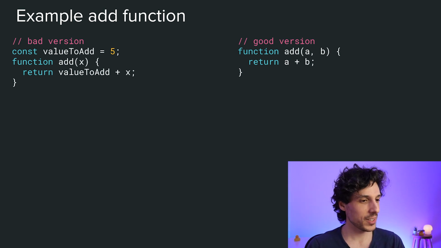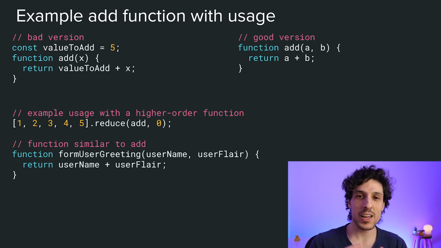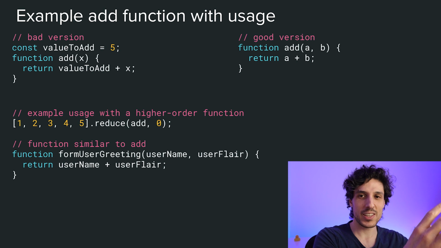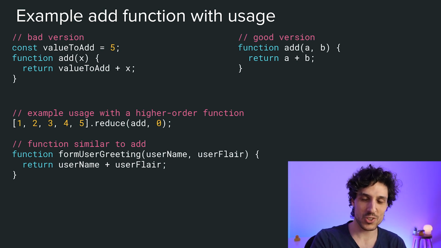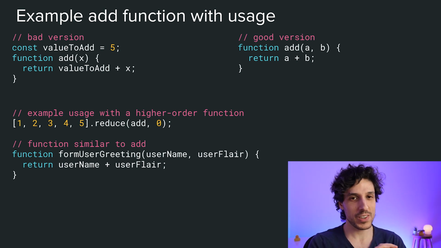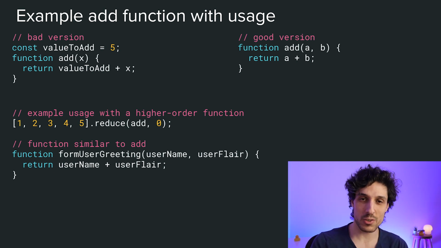Some of them may be that you may need to pass it into a higher order function like map, if you're doing functional programming, or you may need to use partial application. So you have the add function and you do partial application on top of that. Even if you don't do that, this is just to showcase the concepts.